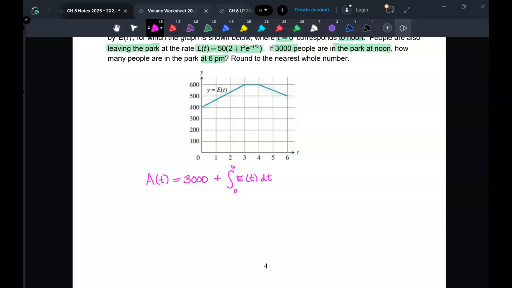That will give us the total amount of people entering the park. Now we want to subtract the integral from 0 to 6 of the people leaving the park. Every time we integrate a rate, it gives us a total amount. So we have 3,000 people, adding in how many people enter, taking away how many people leave, that will give us A of 6.